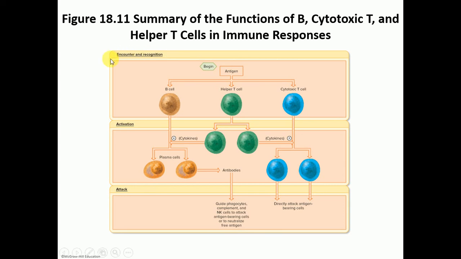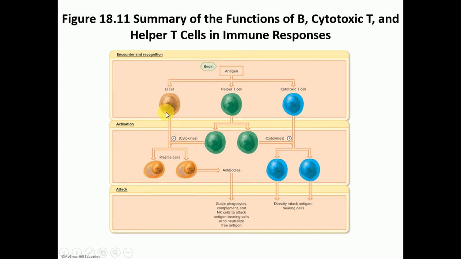But your B cells and cytotoxic T cells cannot activate themselves. Okay, so cytotoxic T cells and B cells have the ability to figure out that there's an antigen, but they can't do anything unless they are activated by the helper T cell. Now, your helper T cell releases cytokines, which again are paracrines, chemicals that are going to activate this cytotoxic cell and this B cell.